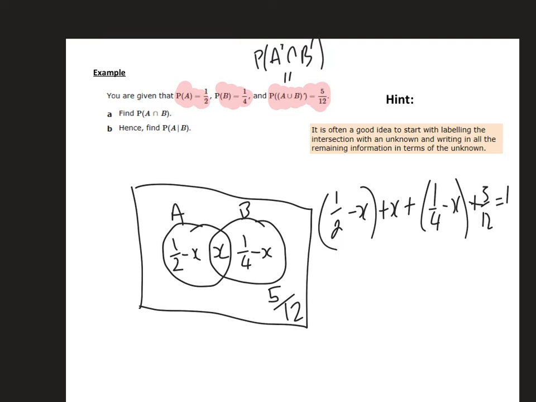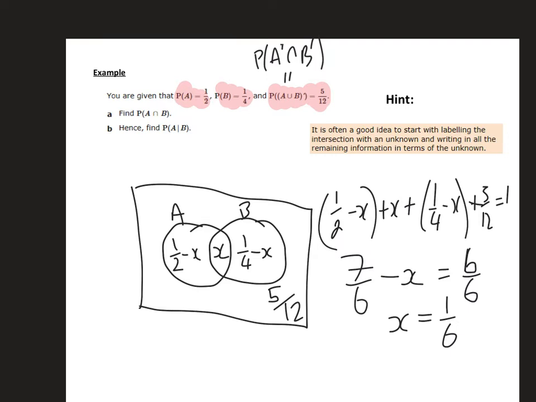If I simplify that, half, add a quarter, add 5/12, gives me 7/6. Minus x plus x minus x gives me just minus x. That equals 1. If I think of 1 as 6/6, then very quickly I get that x must be 1/6, because from 7/6 I need to take away 1/6 to get 6/6.